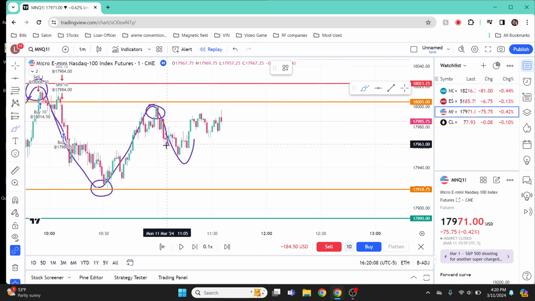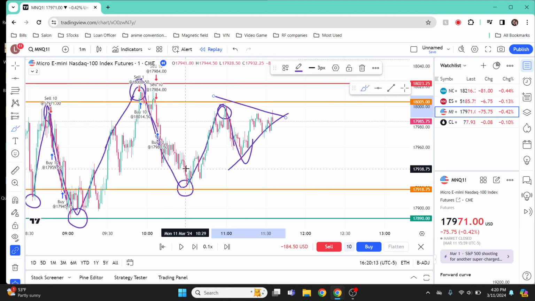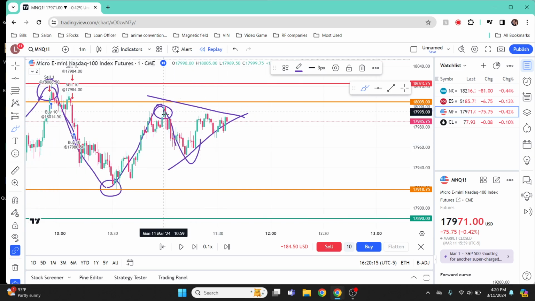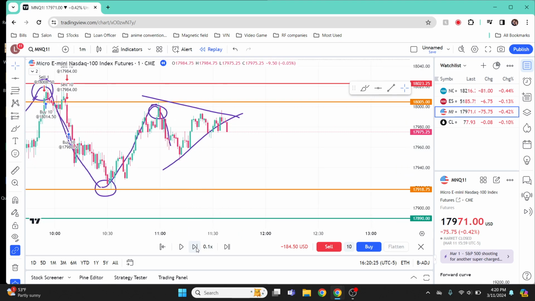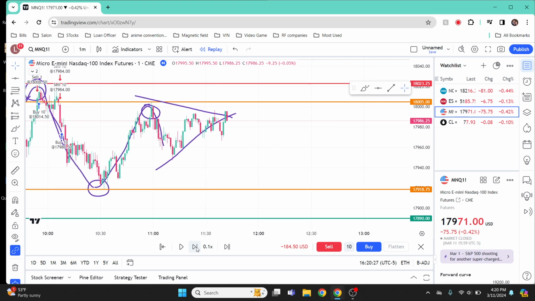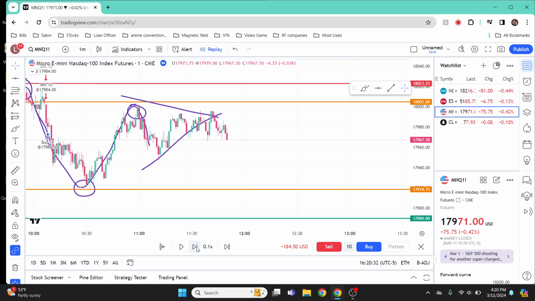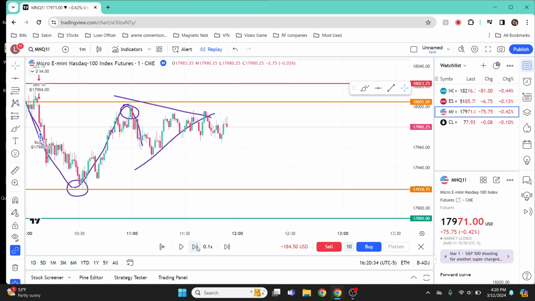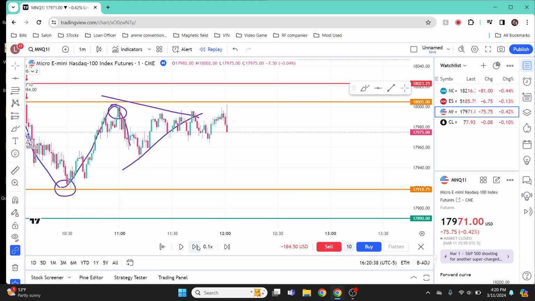Right, do we see it? See that consolidation, right? So it's like this. It's extending the consolidation. So there's no breakout. You want to wait for a breakout candle.